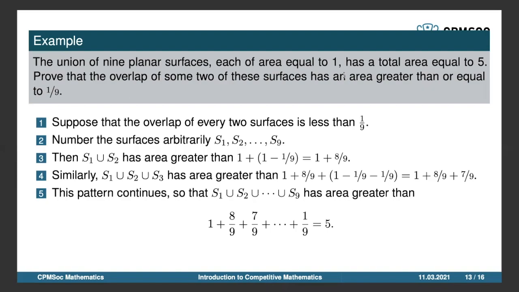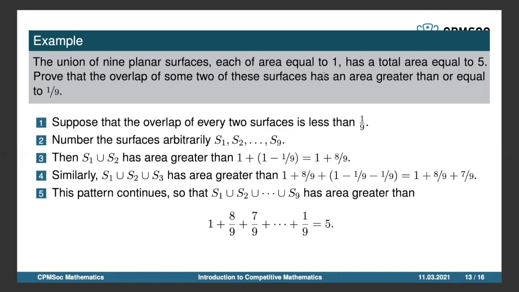If you continue the pattern and consider the new area added by each new figure, you'll get that the total combined area is more than 1 plus 8/9 plus 7/9 plus ... plus 1/9. And if you add these all together, you get the total area is greater than 5.